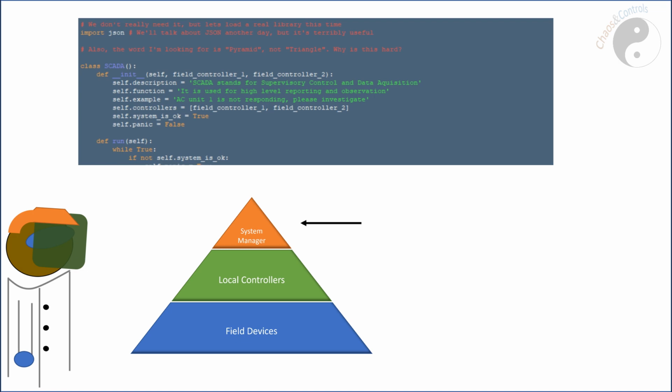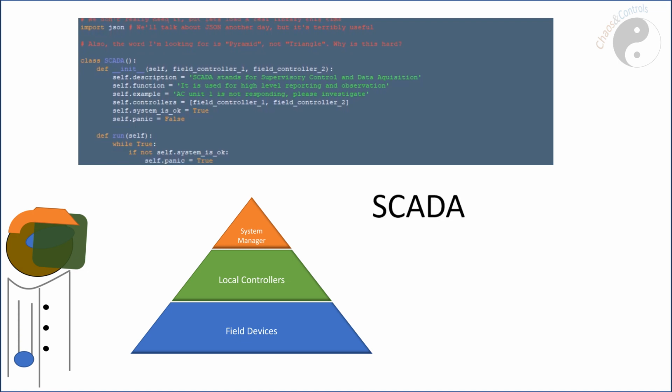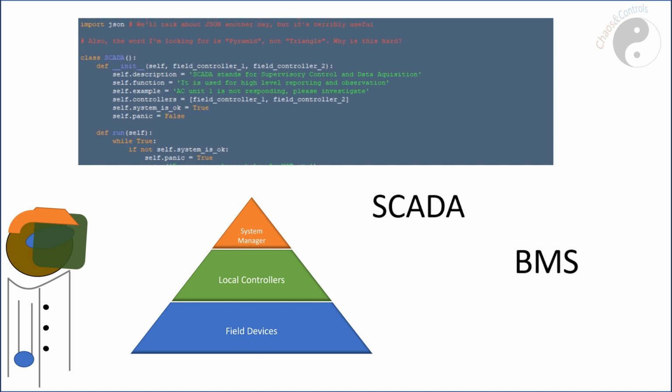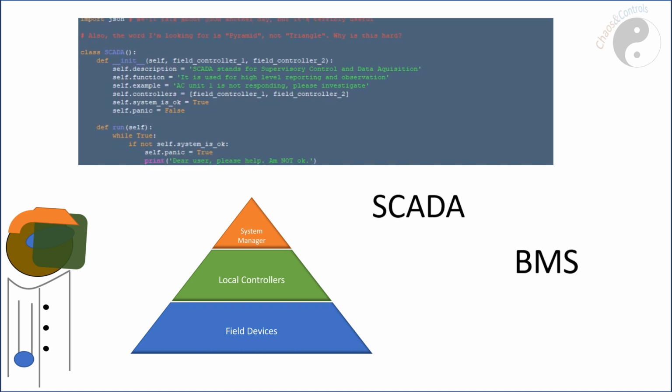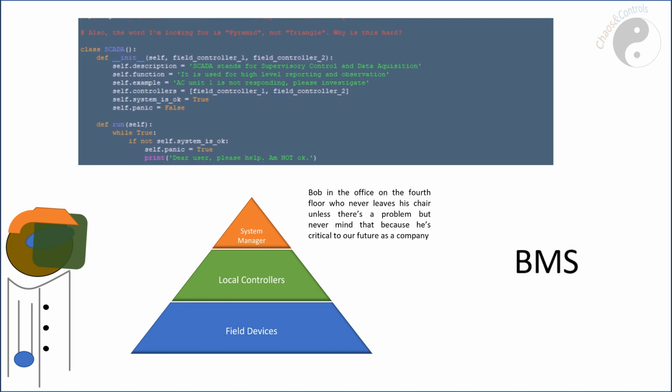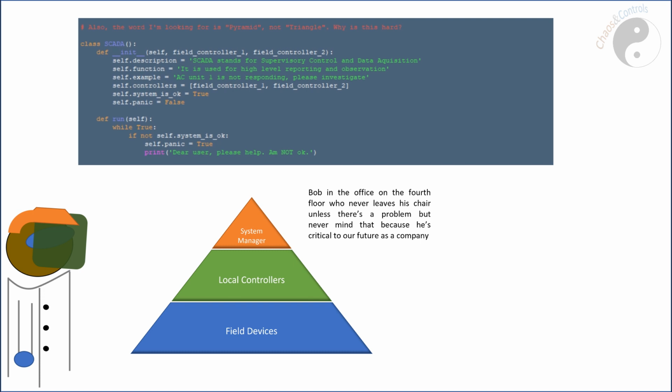This is where things like your SCADA system come in, which stands for Supervisory Control and Data Acquisition. In our opening story, that would be the BMS system that we were adding. It really helps to give you a 50,000 foot level of how a system or a group of systems are interacting.